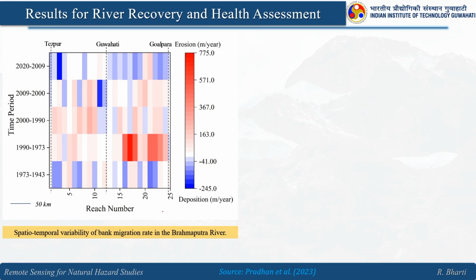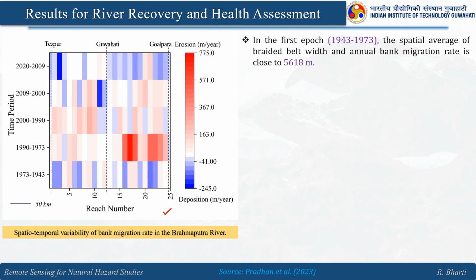And this particular diagram beautifully explains how a particular reach is behaving in different time frames. You can see this scale here: this is erosion, and here it is deposition. So, in 1943 to 1973, what happened in Tezpur, then Guwahati, and then Goalpara.